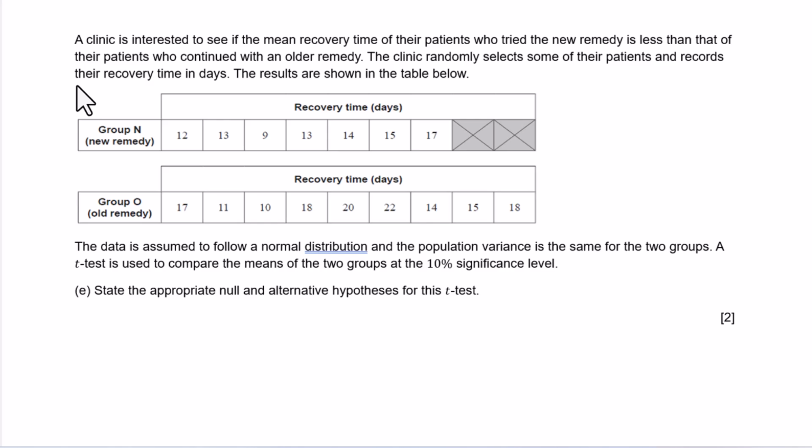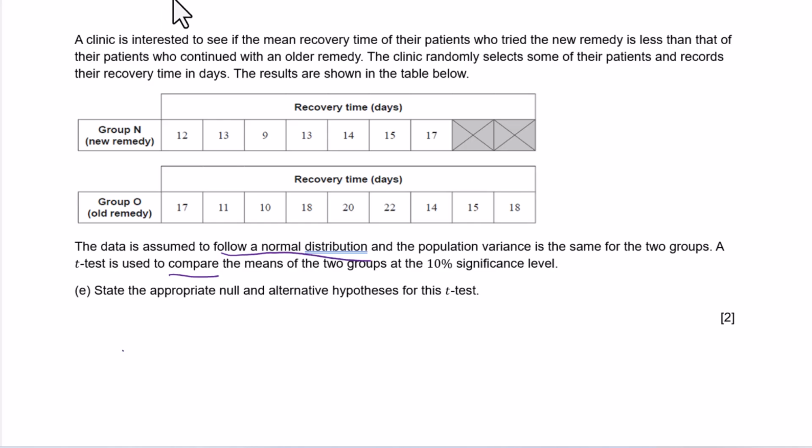The data is assumed to follow the normal distribution, and population variance is the same for the two groups. A test is used to compare the means of two groups at 10% significance level. State the appropriate null and alternative hypothesis for this t-test.